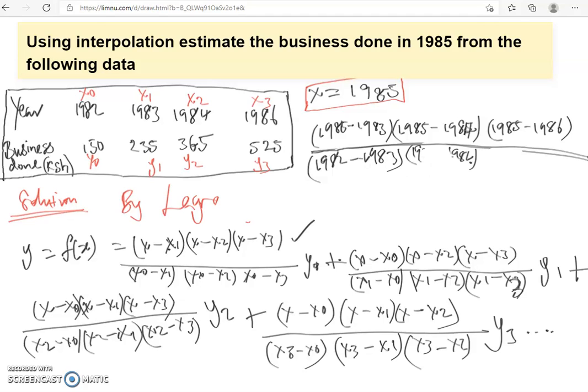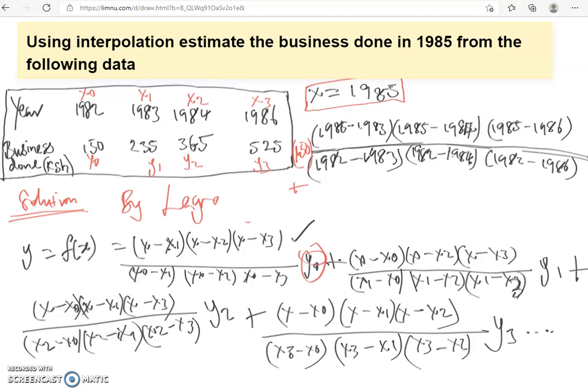This is 1982 minus 1984. And this is 1982 minus 1986. So we multiply this by y naught, which is 150.